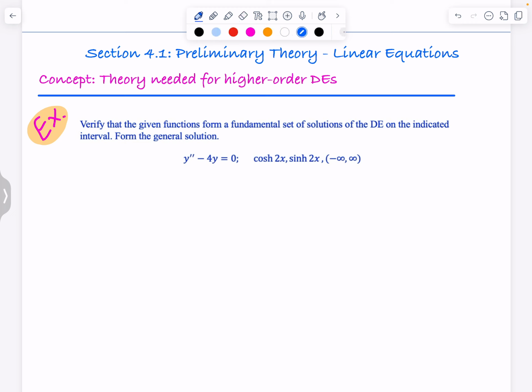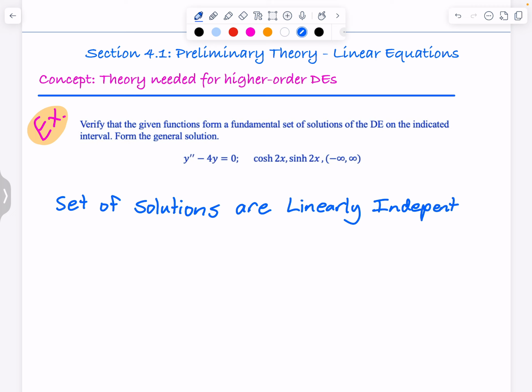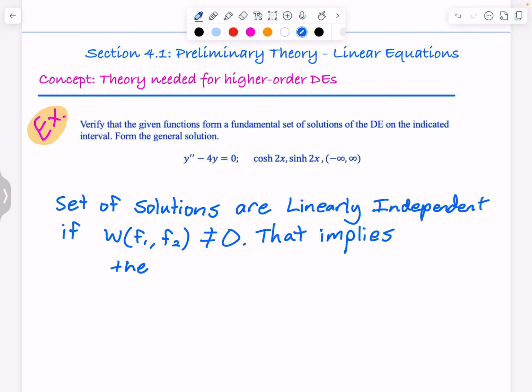Okay, so remember that if our set of solutions are linearly independent, meaning the Wronskian of our f1, f2 in this case does not equal 0, that implies the set of solutions form a fundamental set.